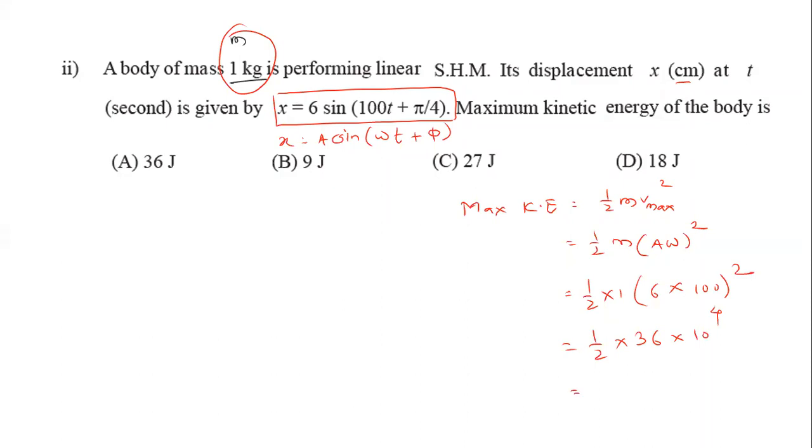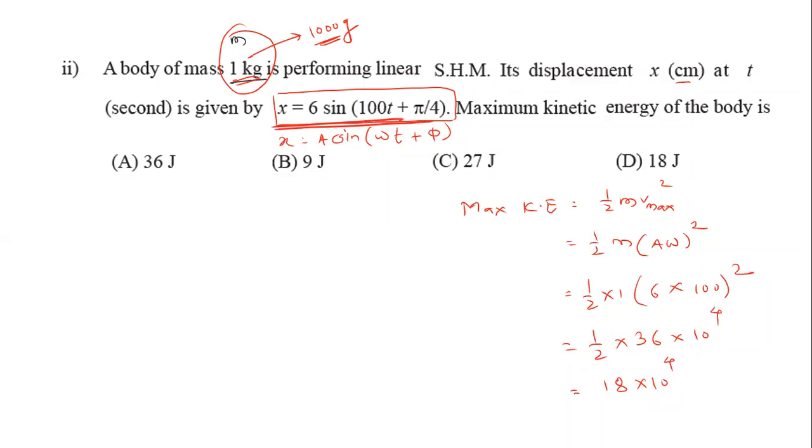So we get the answer here. 36 by 2 is 18 into 10 raised to 4. Is in erg? No, not in erg. Let me correct the unit. Listen, here we have to convert everything in the same system, which we have not done here. Mass is 1 kg. 1 kg means 1000 gram, which I had not converted.